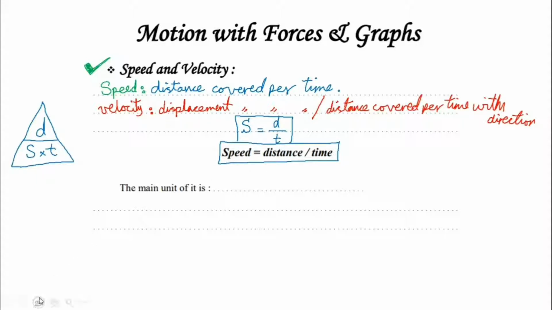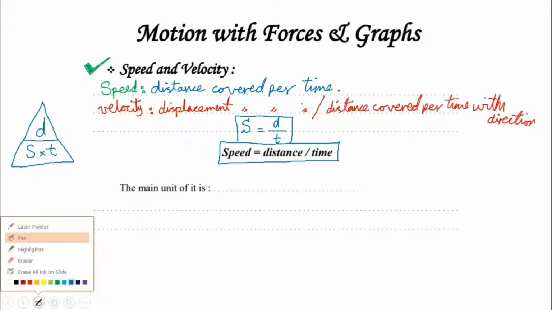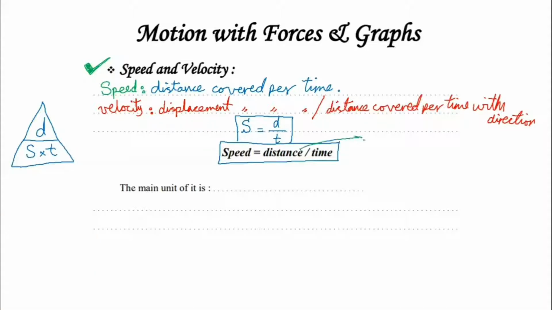طيب يلا يا شباب، who can tell me what is the unit of distance؟ The unit of distance can be in meters or in what? In kilometers. مظبوط؟ والunit للtime it can be in seconds or it can be in what?